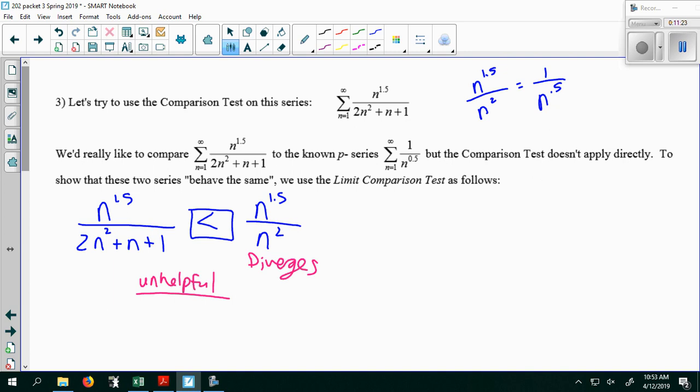So instead, we're going to use something called the limit comparison test. So this is just a different way of comparing the same two series. I'm going to compare this series to this series, but instead of comparing term by term, I'm going to compare the ratios of the terms and see what happens.